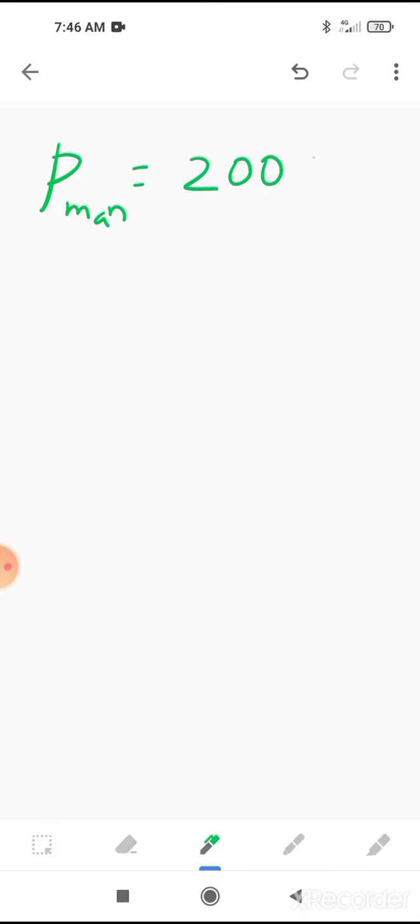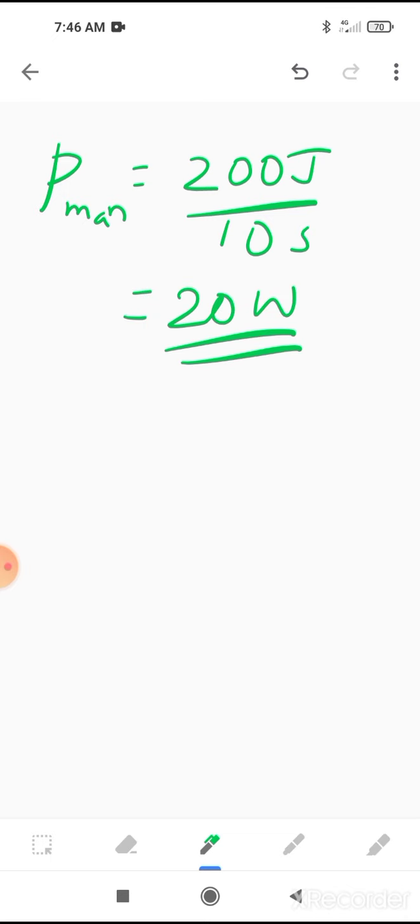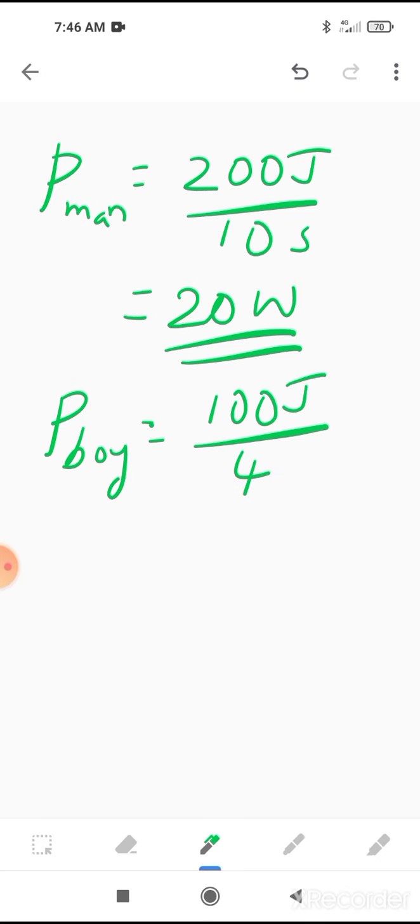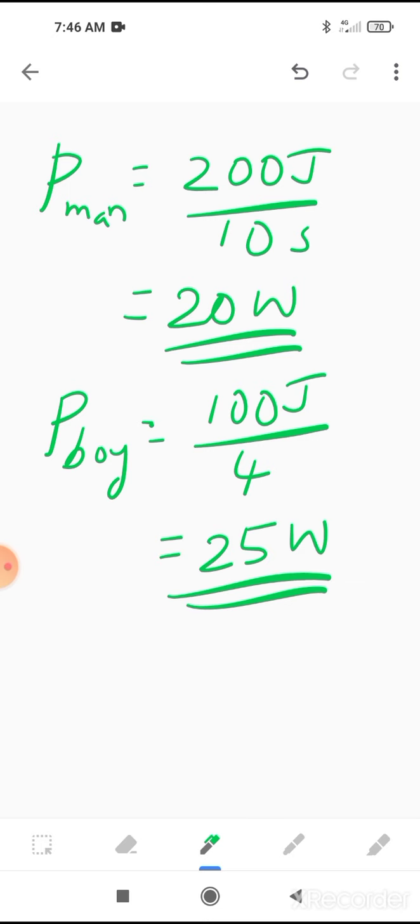Work is 200 joule and the time is 10 seconds. So 20 joule per second or 20 watt is the power of the man, and power of the boy is work done 100 joule upon time 4 seconds. So 25 watt is the power of the boy.